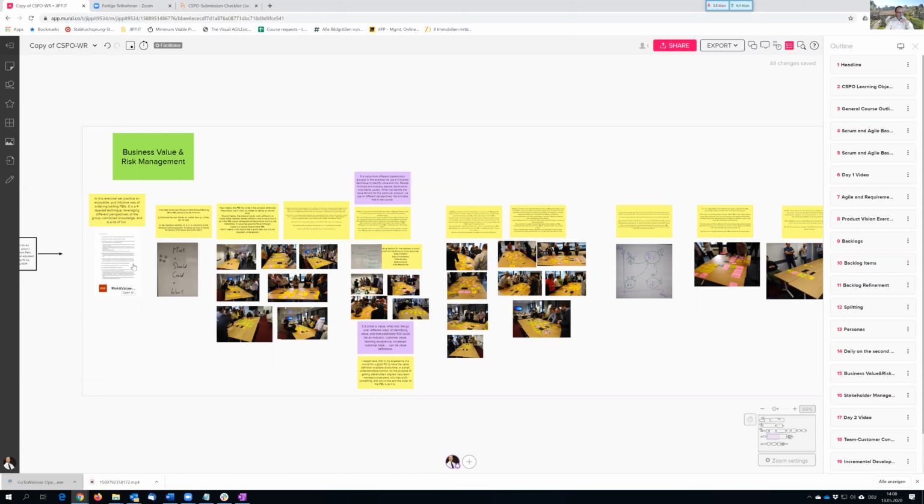Here's also the exact explanation of this exercise. And the yellow stickies, once again, they give you some insight into how it works. And the purple stickies, once again, they give you the mapping to the learning objectives for the CSPO classes.